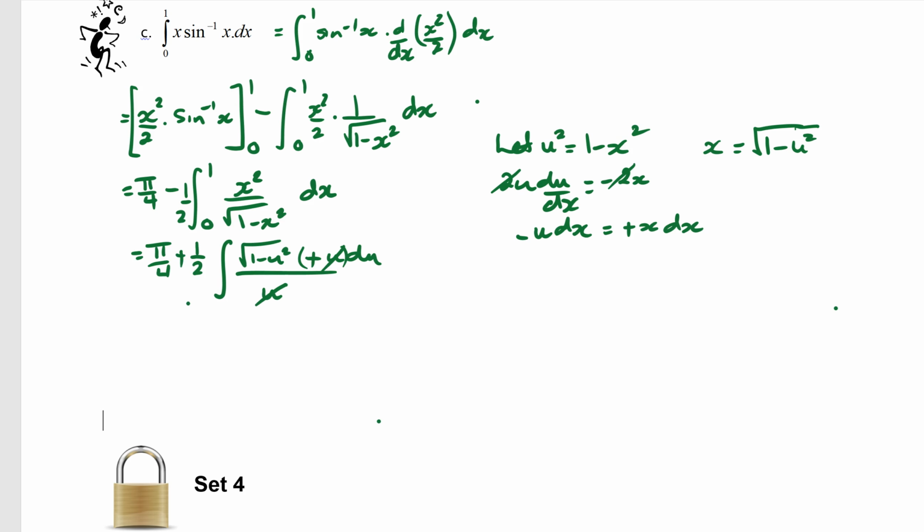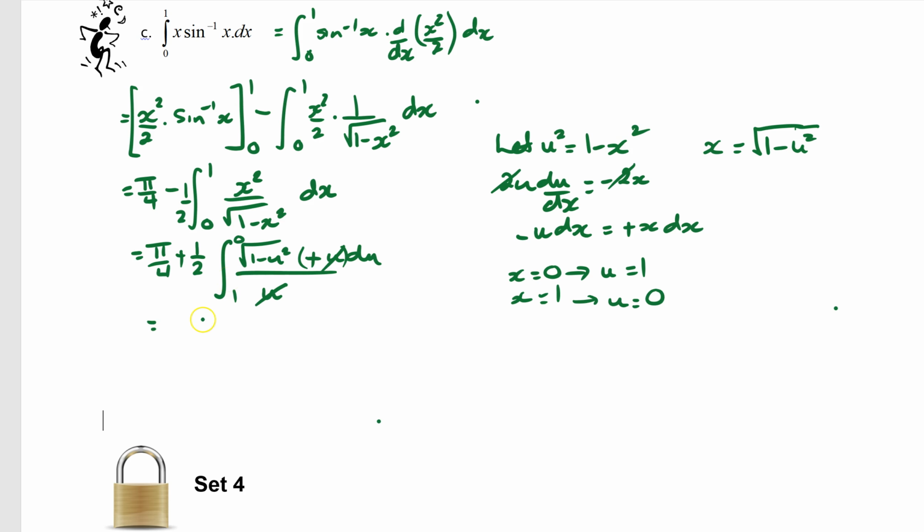Now I have to do something about the limits. So when x equals 0, that implies that u equals 1. So I've got a 1 down here, and when x equals 1, that implies that u equals 0. So I've got a 0 up here.